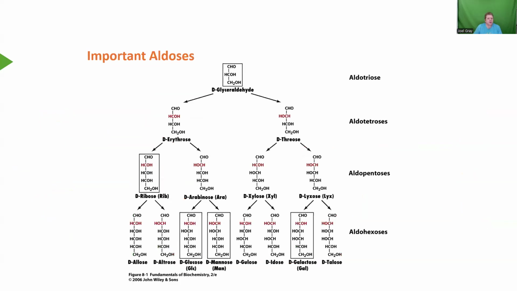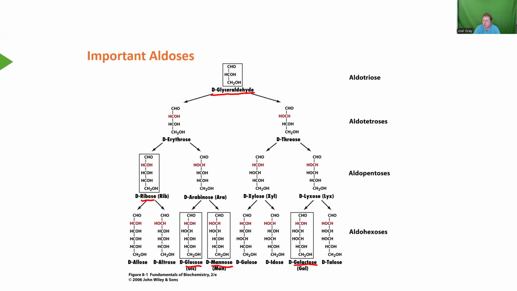Now, when it comes to aldoses, I'm showing you this because I want to illustrate the differences between sugars. In terms of sugars that are important for you to know, and all that you'll need to do is be able to identify them, I want you to be able to identify glyceraldehyde, ribose, glucose, mannose, and galactose.